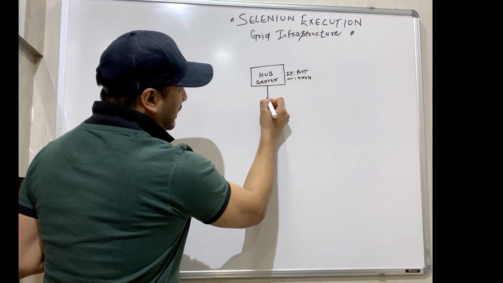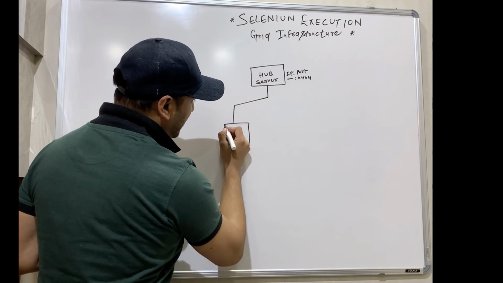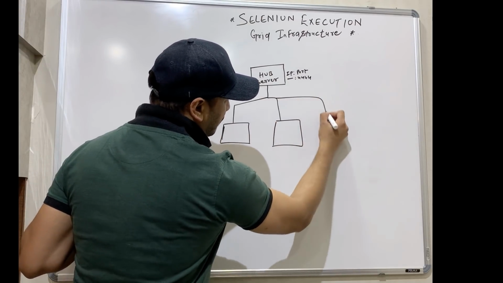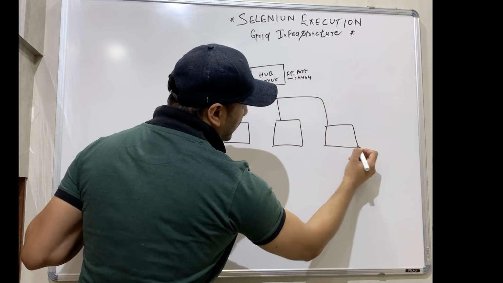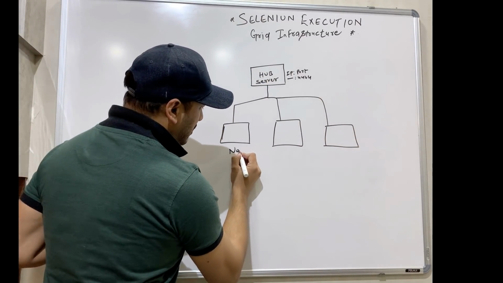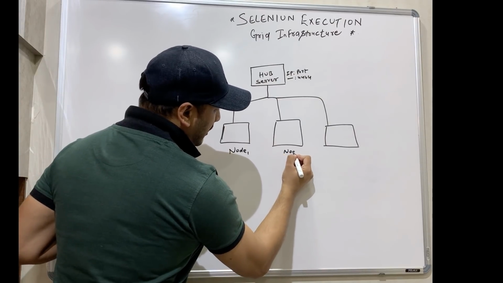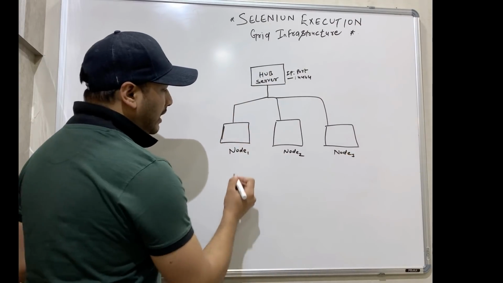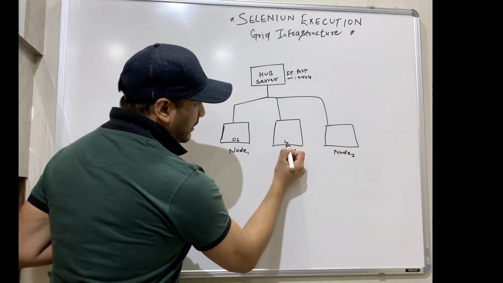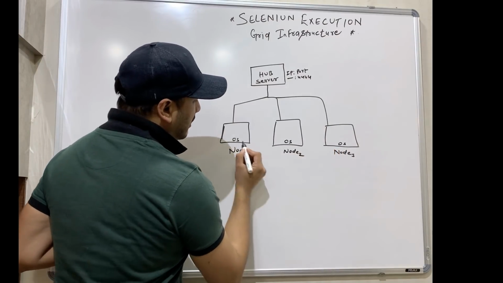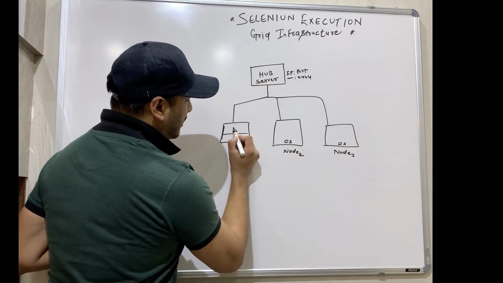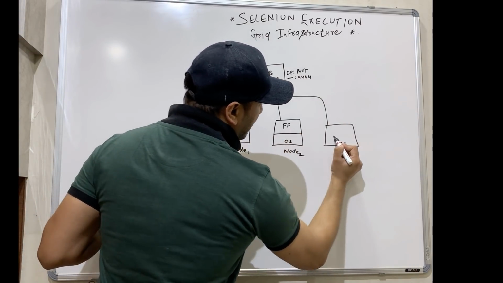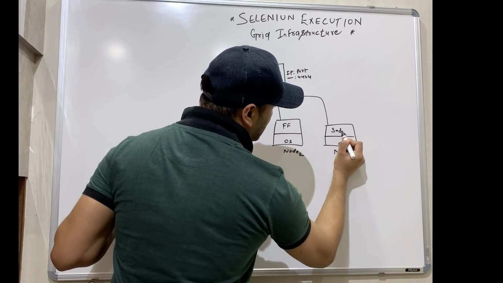Then this particular hub is connected to multiple nodes. A node, as I already told you a couple of times earlier, is a kind of separate machine. Let's see, this is my node 1, this is node number 2, and this is node number 3, having a separate operating system and a specific browser running. Here Chrome is running, here Firefox is running, here Safari is running.